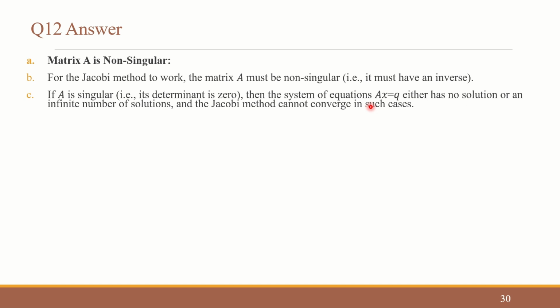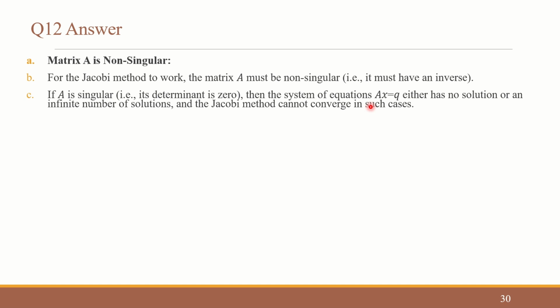It is an iterative procedure, right? The Jacobi method and the Gauss-Seidel method are all iterative methods. So we need to get a converged solution at one point. For us to ensure convergence, the matrix should be non-singular. What do we mean by non-singular? The determinant should be non-zero.